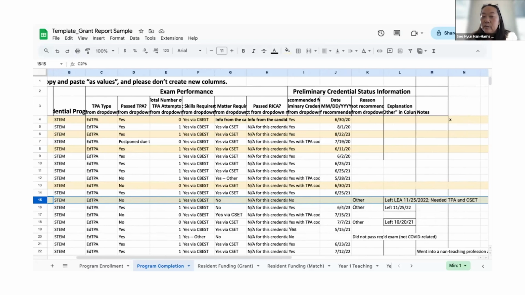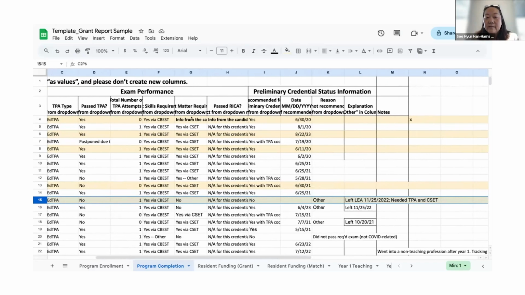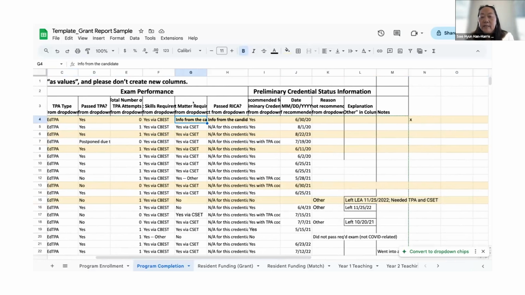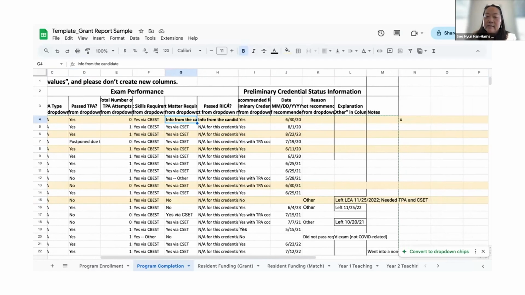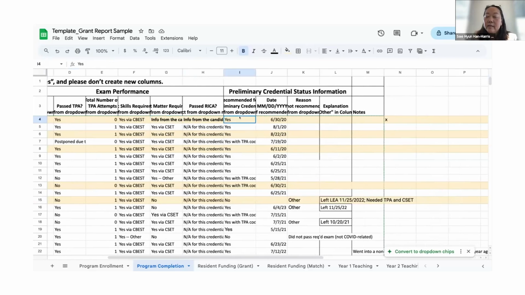In the past, we've used Google Forms for them to fill out, but I find it's easier for me to just pick up the phone and call them, send them a text or an email just to check in with them. And then I put in the info from the candidate, like about the TPA and the RICA, the CSET, et cetera. And then looking on the CTC, I put, yes, they were recommended for their preliminary, and I saw that they were recommended on June 30th. And that's it for their program completion.